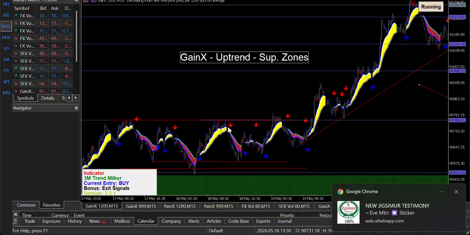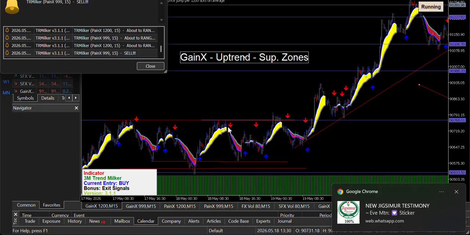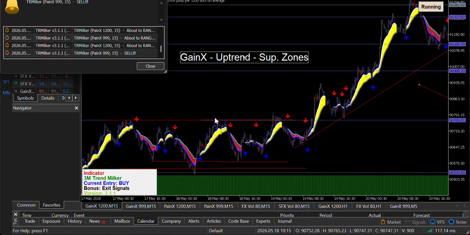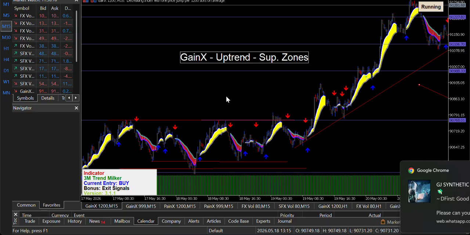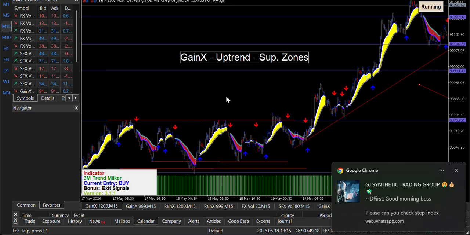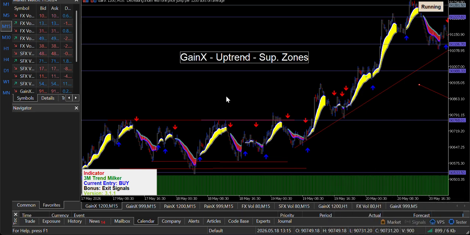But if you know how to trade spikes, then it gives you more confidence in the market, and you are most likely to get multiple spikes within that period. Okay, so now let's see what we need to look out for before we can trade spikes. Like I said, there are two major areas where you can experience spike trading: the GainX assets and the PainX assets.